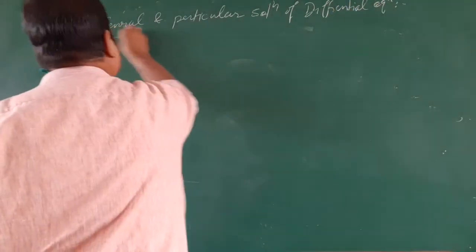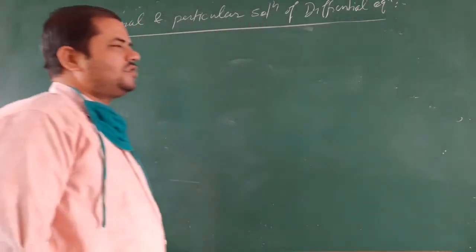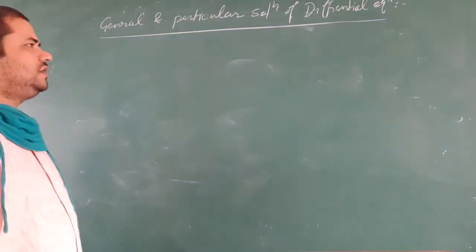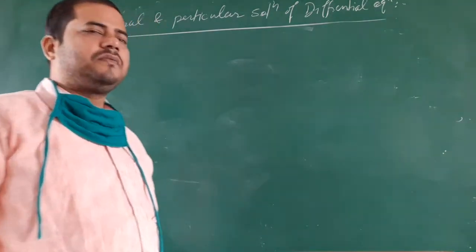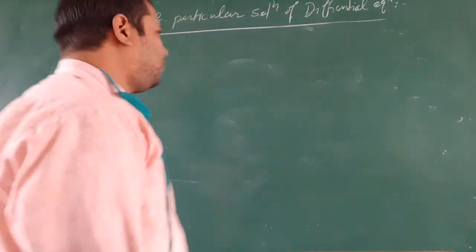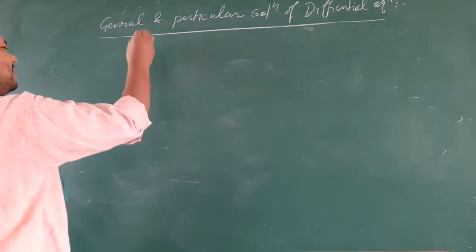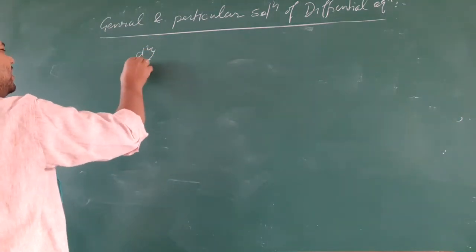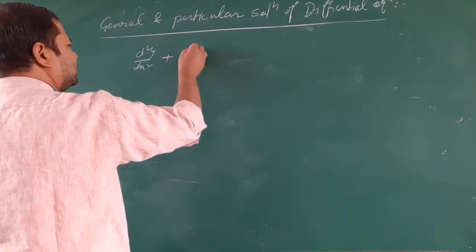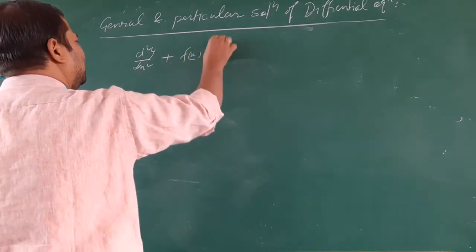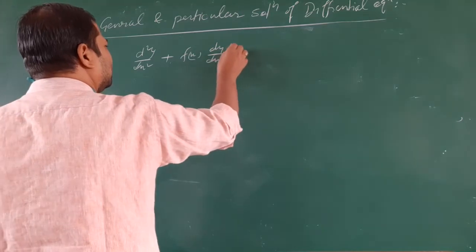Okay? Suppose you have given a differential equation, and the solution of that particular differential equation is given in the form of, suppose, any differential equation you have given: d2y over dx2 plus f(x) dy by dx is equal to 0.